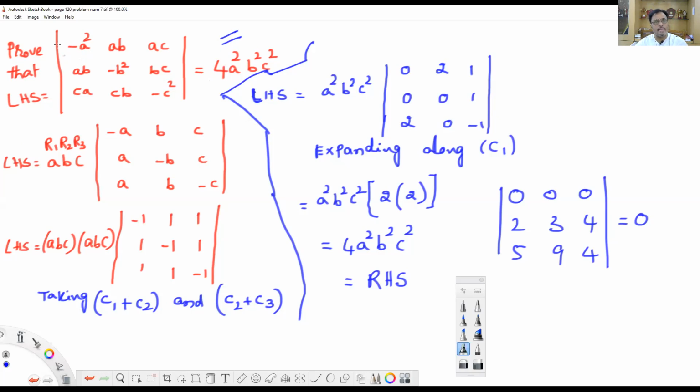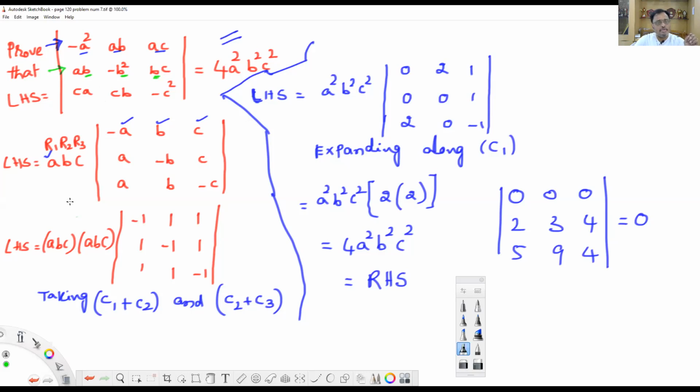My dear students, you see that here in R1, in each and every element, A is a common factor. I have taken A as the common factor, therefore it will become minus A, B and C. In the second row, B is a common factor in each and every element.